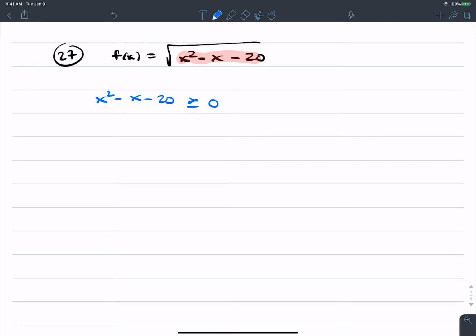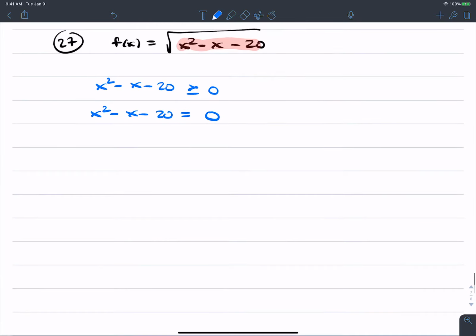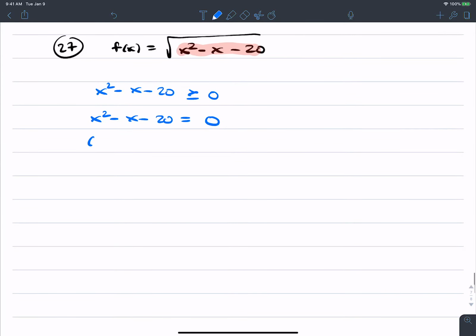So remember, we have to find the equality, and we have to find where it's positive. So I go straight to this procedure of solving, hopefully by factoring again. Now again, at this point, you could use your factoring technique. And I think -5 and +4 will work. You guys can double check that.